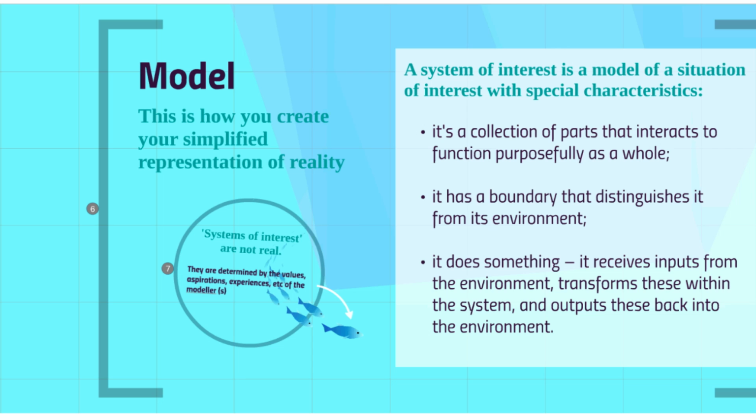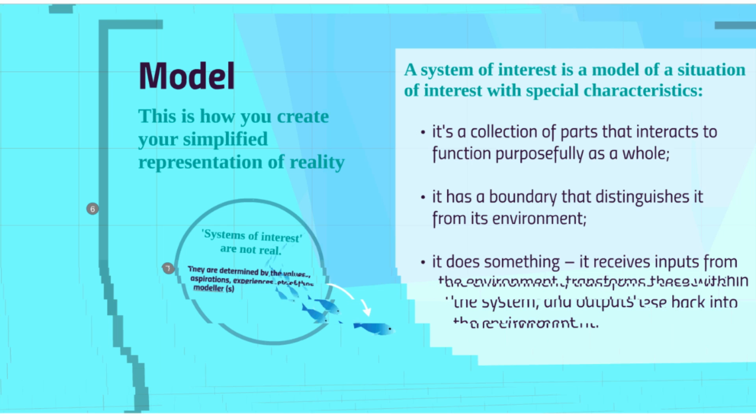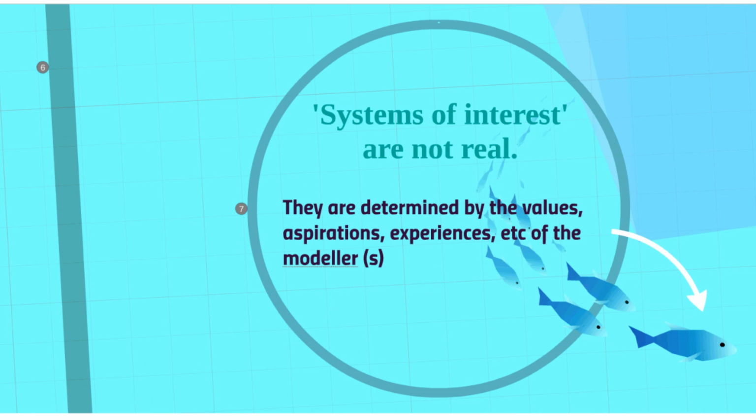So really every model is a system of interest, and every system of interest is a model. However, systems of interest are not real. They're determined by our values, by our aspirations, and experiences of the modeler or modelers, if these understandings are created collaboratively.